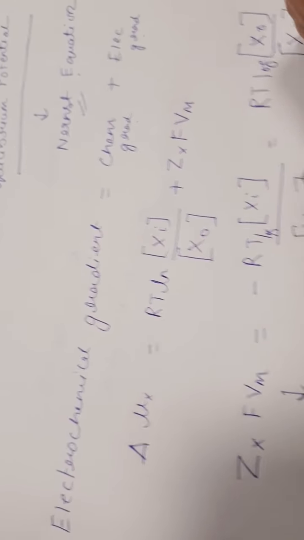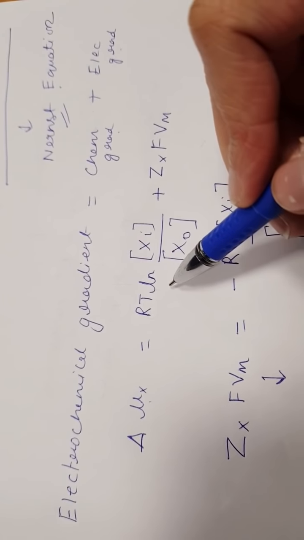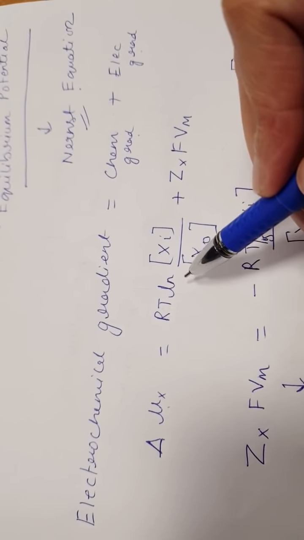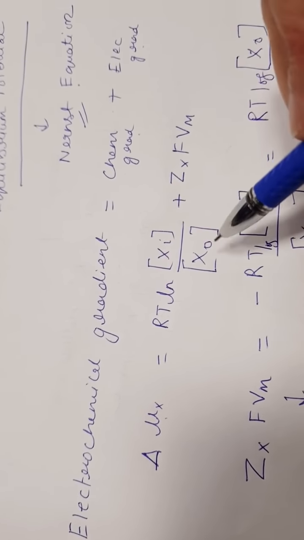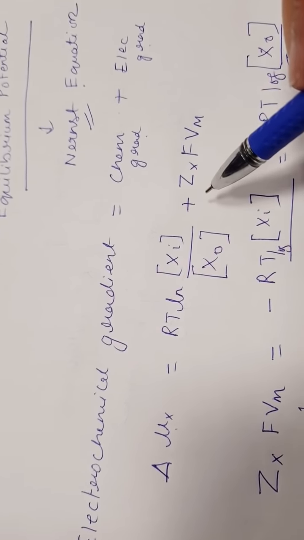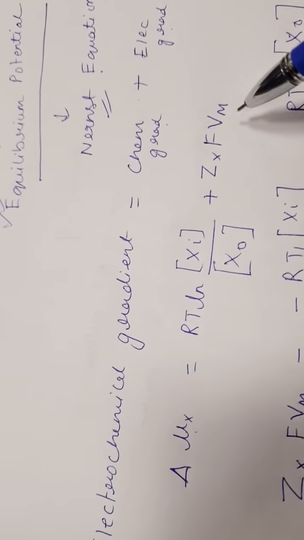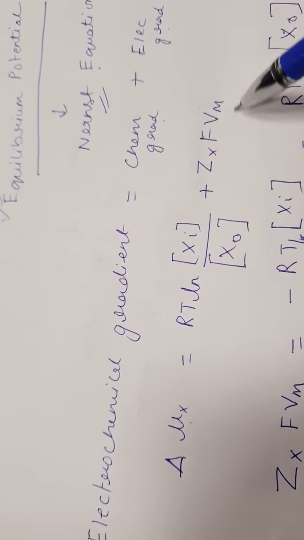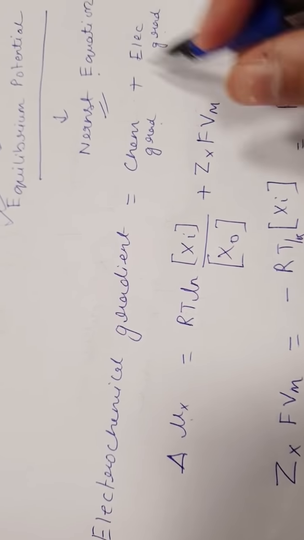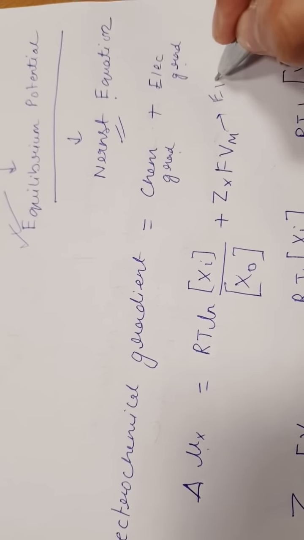So let's see. The electrochemical gradient, which we denote as mu x, is equal to RT log of concentration inside by concentration outside, plus Zx into FVm. Vm is just the potential; here we will denote it as Ek.